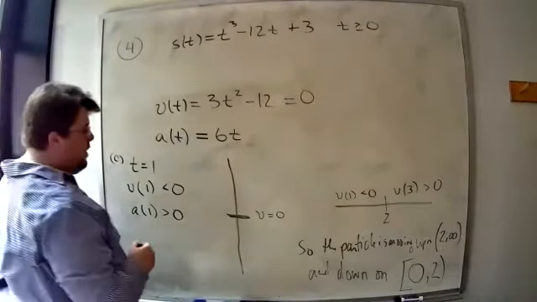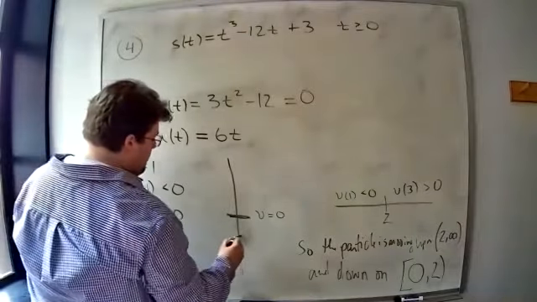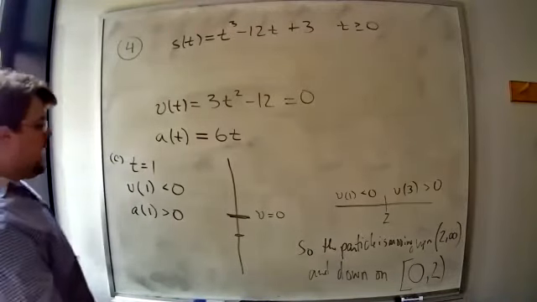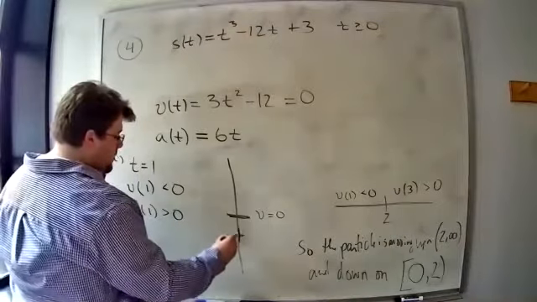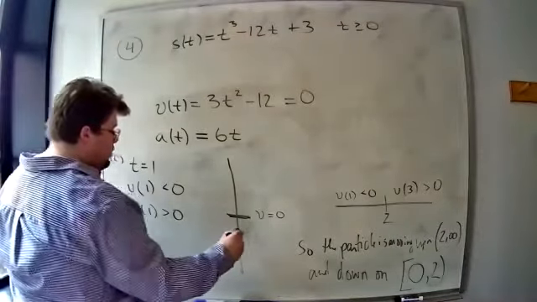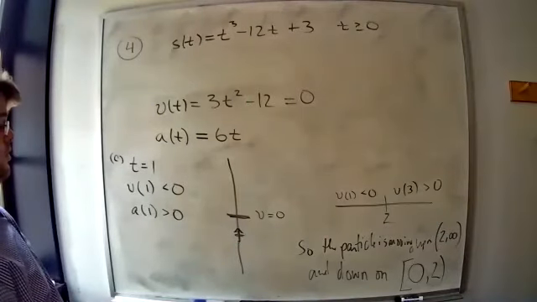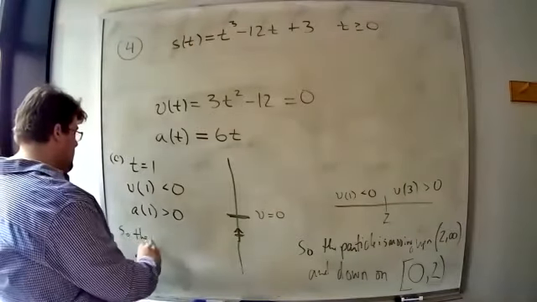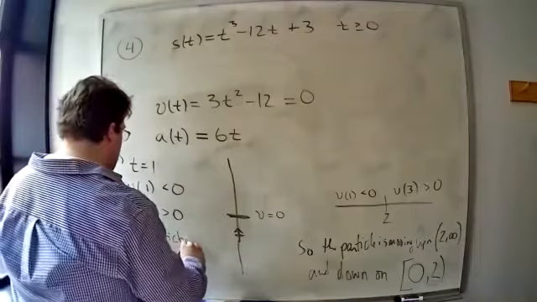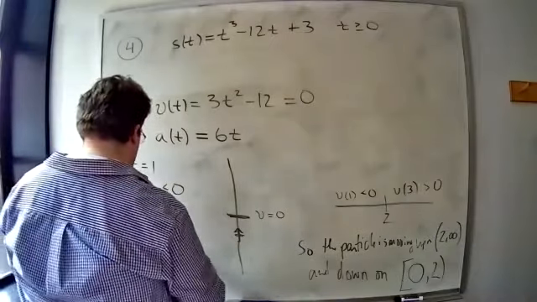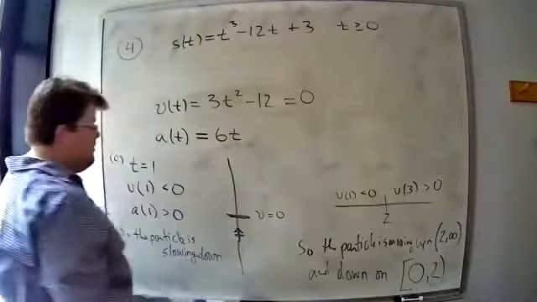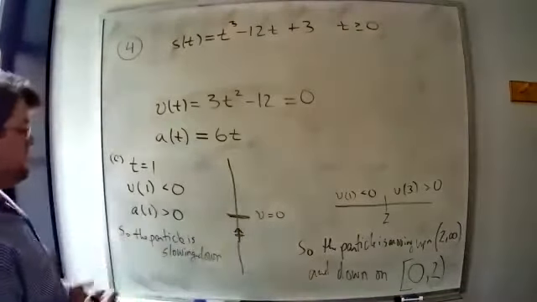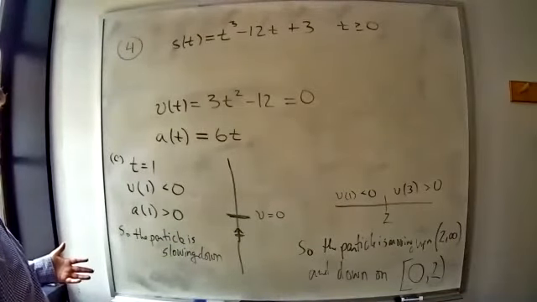Because at 1, the velocity is negative, but the acceleration is positive, which means while the velocity is negative, the acceleration is pushing it in that direction, closer to velocity equal to 0. The acceleration is pushing the velocity closer to 0. That tells us the speed is getting lower.